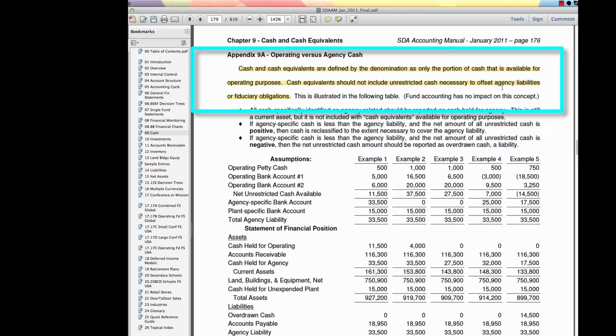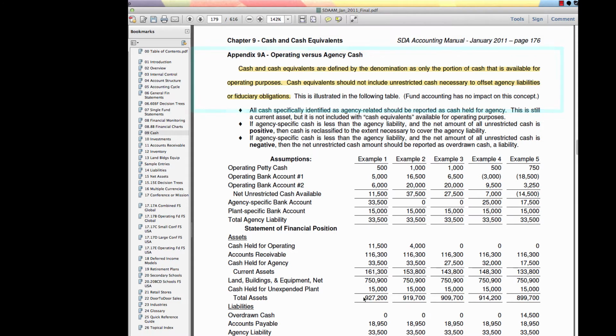So the offerings that you've collected that must be passed up to the higher organization, that's an agency liability, or money you hold in trust for some other organization or by a potential donor. All of that is agency liabilities, and so you must remove from your cash line on the financial statements any money that would be necessary for the agency liability.